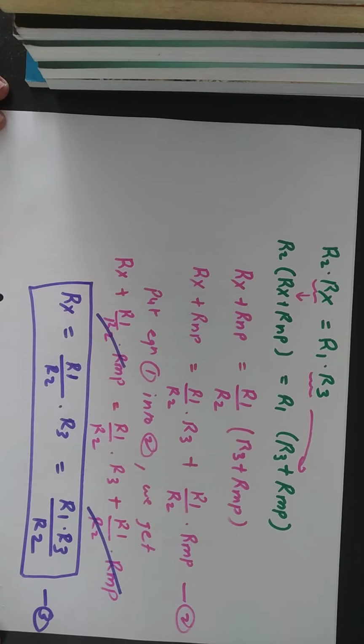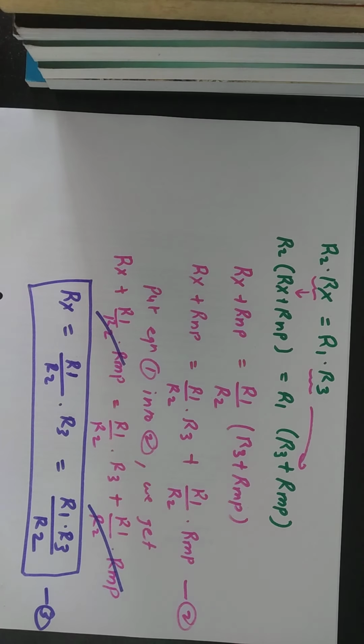So our equation number 3 gives us the Rx value, and now you can simply understand this term in such a way that Rx is equal to R1 into R3 divided by R2.